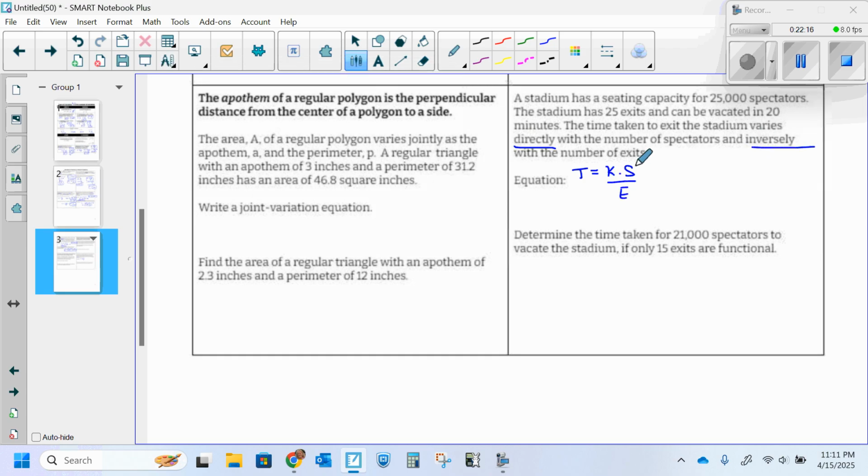So notice I use S for spectators, T for the time, and E for the number of exits. All right, so 25,000 spectators, 25 exits, and 20 minutes. I'm trying to find the constant of variation.